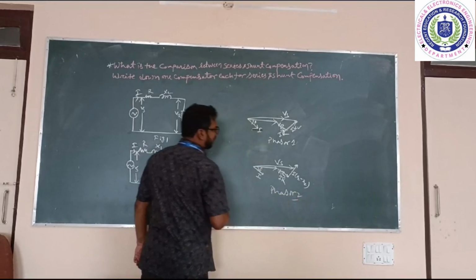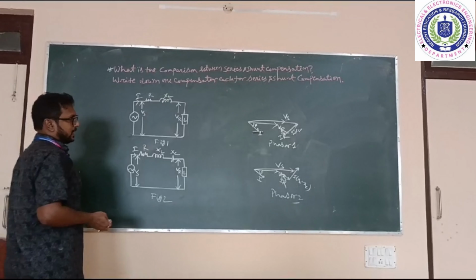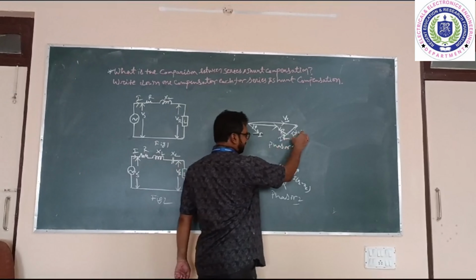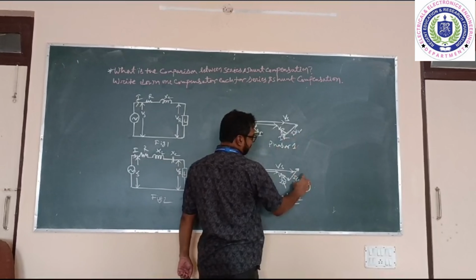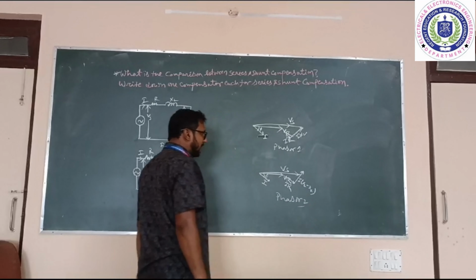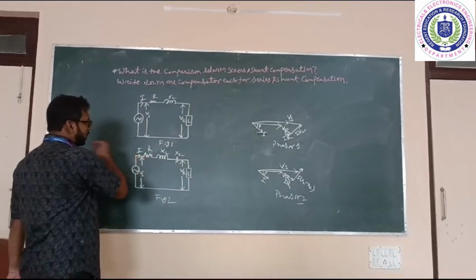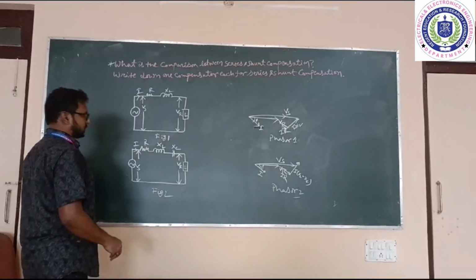So what is the main observation we are getting? The line drop. Here the line drop is I into XL, but here the drop across the line is I into XL minus XC. So the line drop is decreased, corresponding to series compensation.